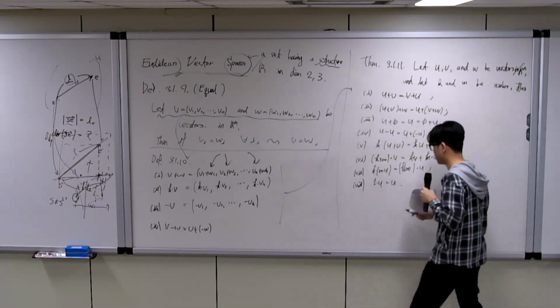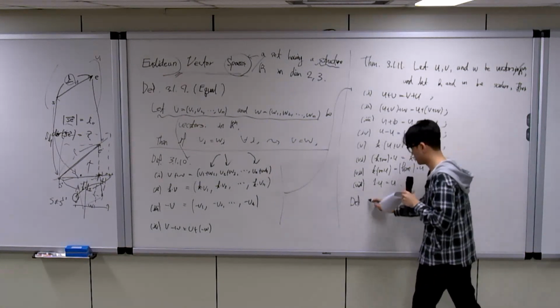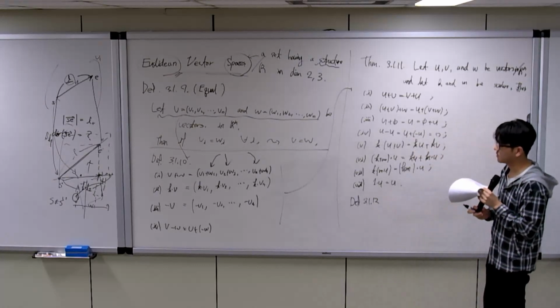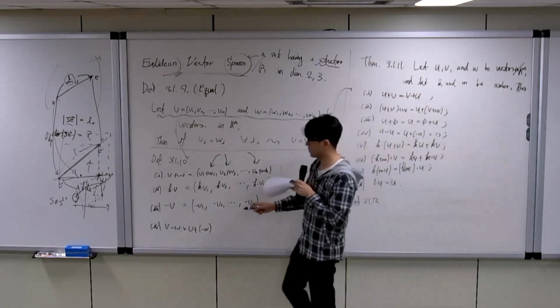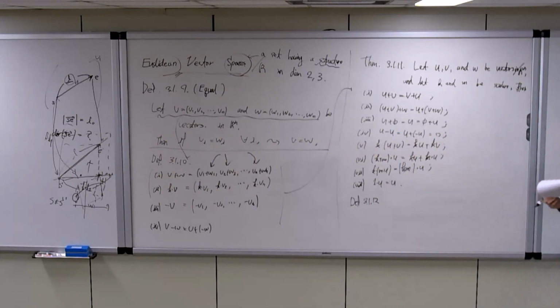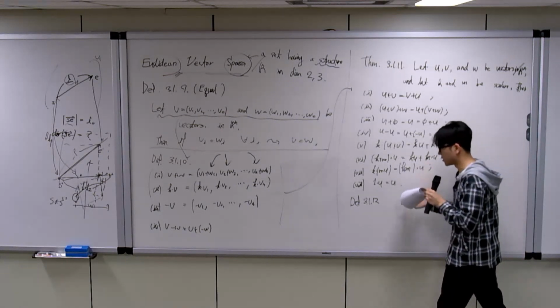And also, I think today is a very elementary class. We can define, by using addition and scalar multiplication, the definition of linear combination.